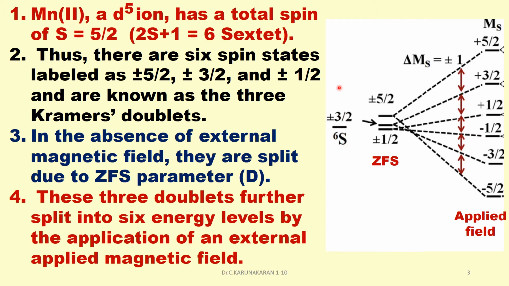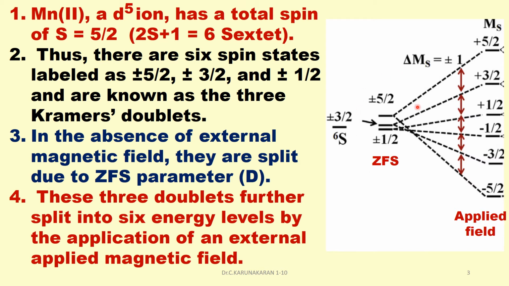The manganese ion in the gaseous state does not split due to zero field splitting, whereas manganese ion in the crystal field splits into 3 degenerate levels, doubly degenerate levels, known as 3 Kramers doublets.